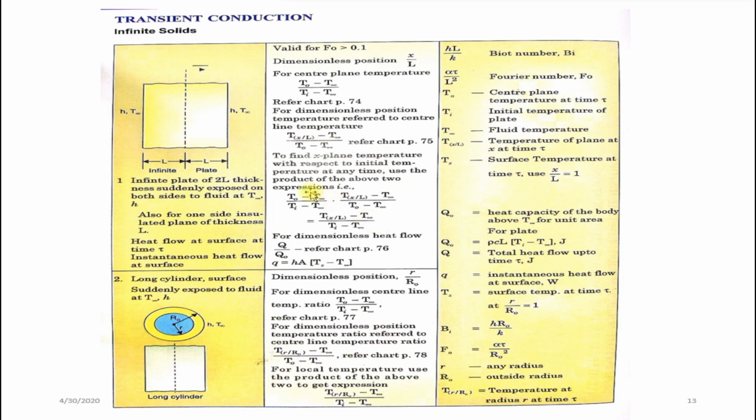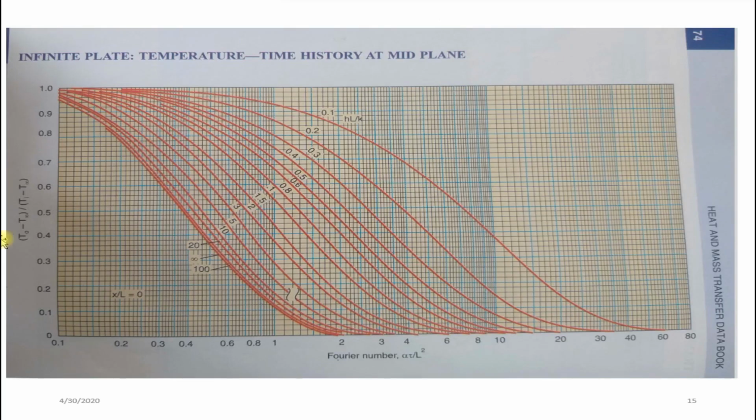With the help of that you can find out this value. This will be the y-axis of the first graph. T0 minus T infinity divided by Ti minus T infinity is the y-axis of the first graph. So if you find the y-axis of the first graph, you have the Biot number, you can find out the Fourier number. With the help of the Fourier number you can find out time t.